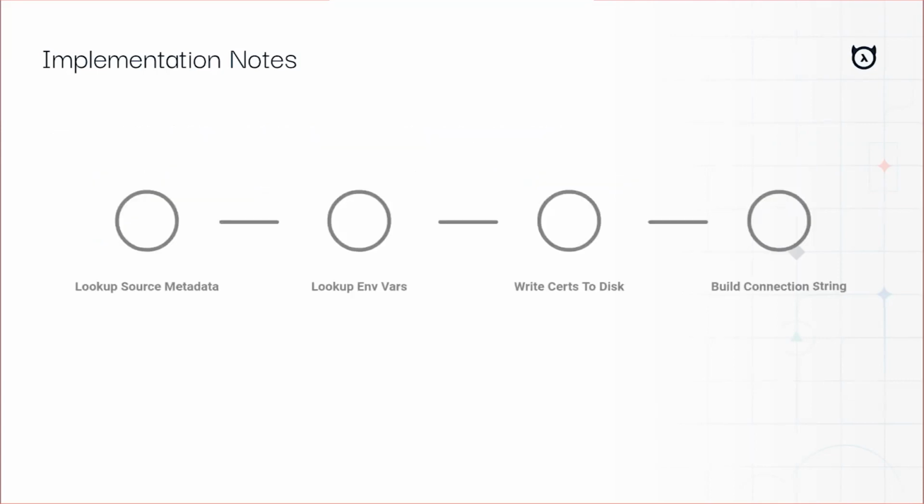So in other words, the way that works internally is that when your project is launched, we look up the source metadata to check for the connection string, whether there are environment variables for the connection string, and whether there are environment variables for any of the SSL certificate data.